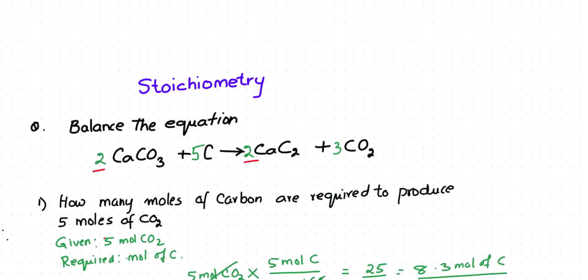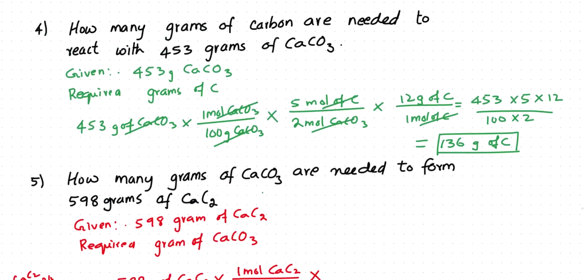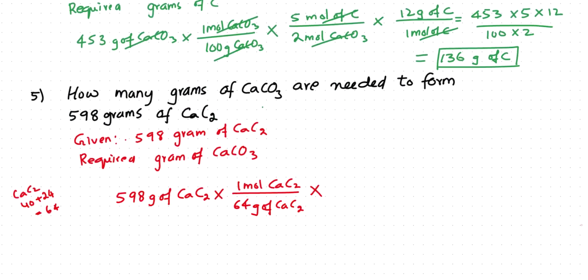So now we write mole ratio. 2 moles CaC2 and 2 moles of calcium carbonate. So now we get answer in moles of calcium carbonate, but here they're asking grams of calcium carbonate.